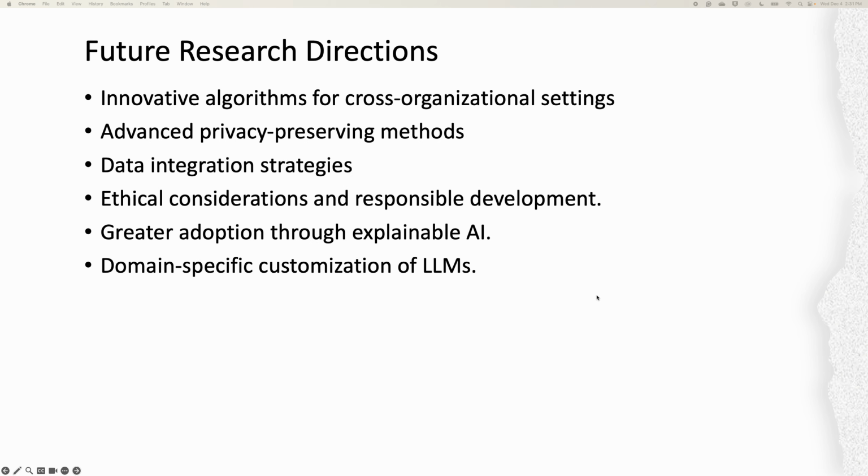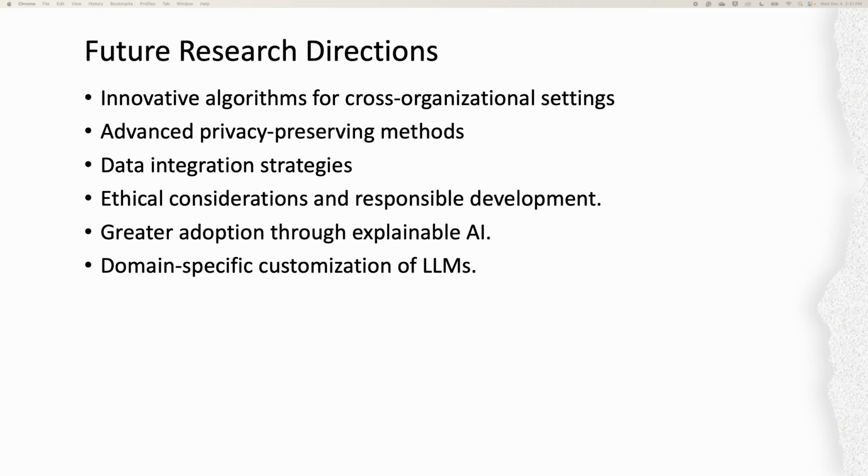And then in the paper, they also mention a few other future research directions which they wanted to go through in the future. According to them, it should primarily focus on innovative algorithms, advanced privacy preserving methods, ethical considerations, and different data integration methods.